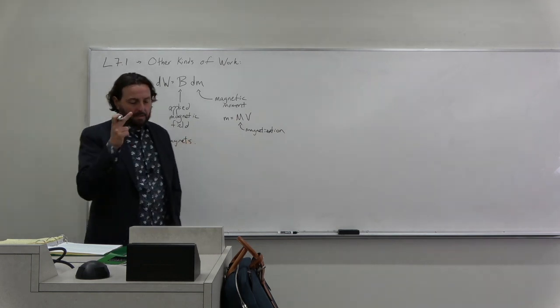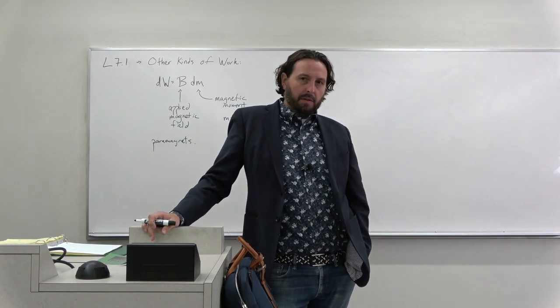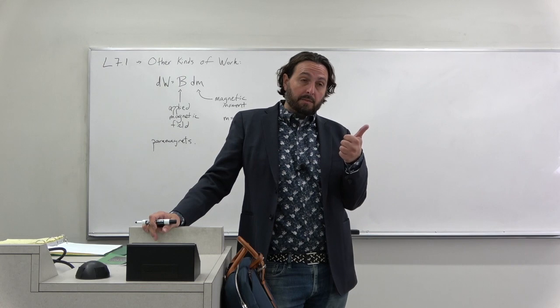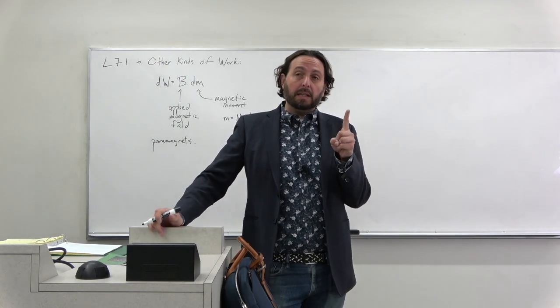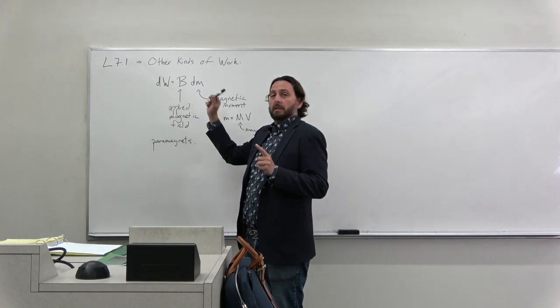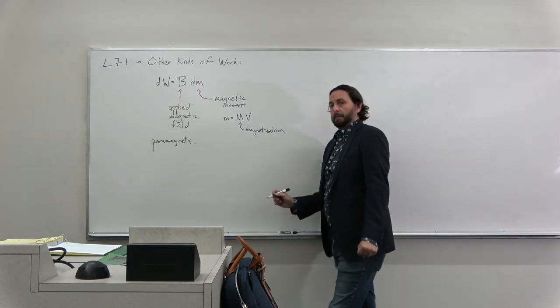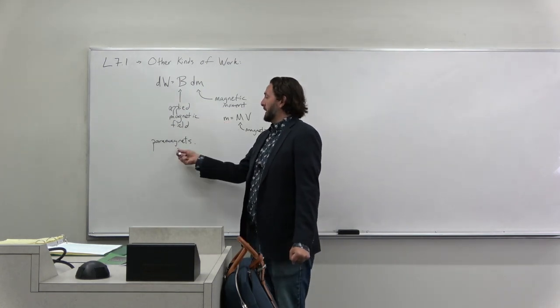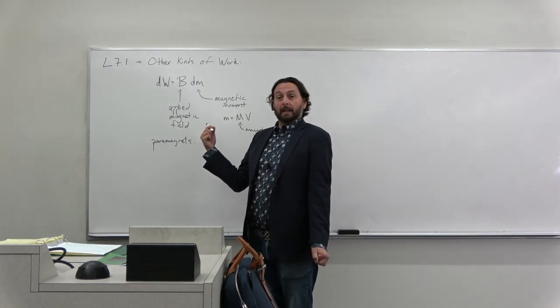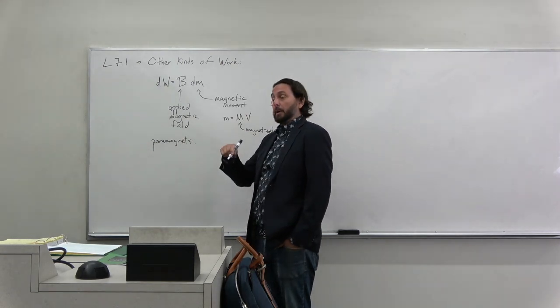So let's remind ourselves, if you don't remember about magnetism, there's a few kinds of magnetism. There's paramagnetism, which means the moments will align in the same direction as the magnetic field and be proportional to it. So that's what we're talking about here. There's diamagnets, where it's exactly the same as paramagnetic, but they oppose.